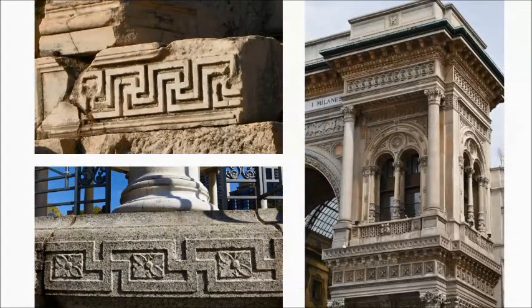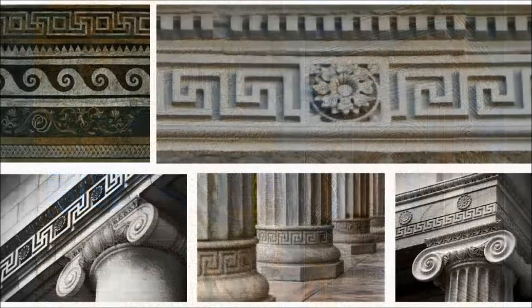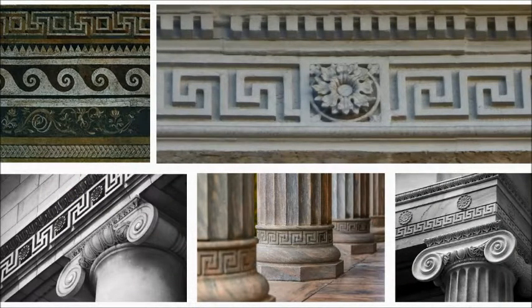Here we can see some of those patterns. Or the wave scroll, or the Greek key. All of these geometric patterns can be easily applied to various elements within classical architecture.